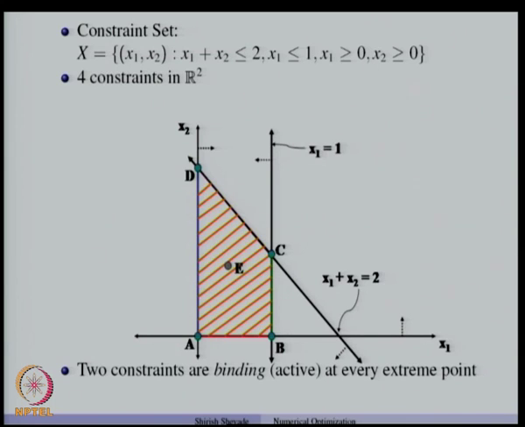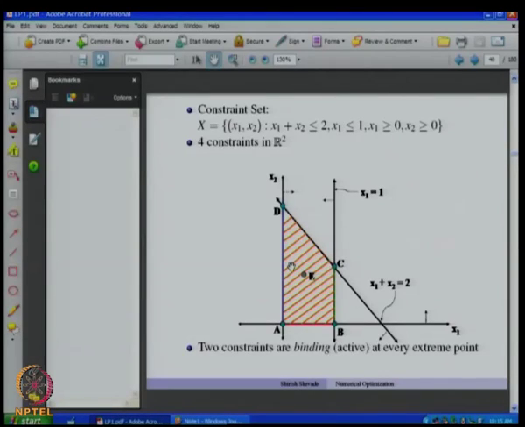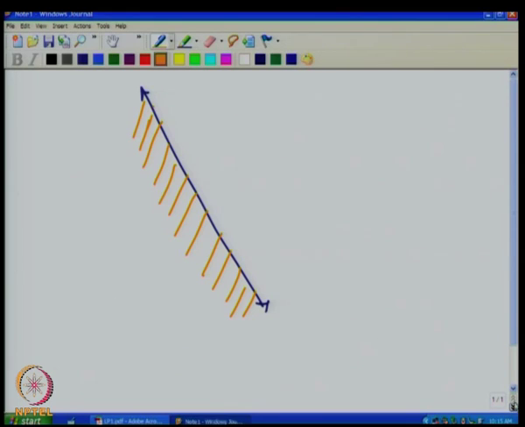Of course, there could be situations where more than 2 constraints are active at an extreme point in this 2-dimensional case, but then some of those constraints will be redundant. For example, consider a similar situation.